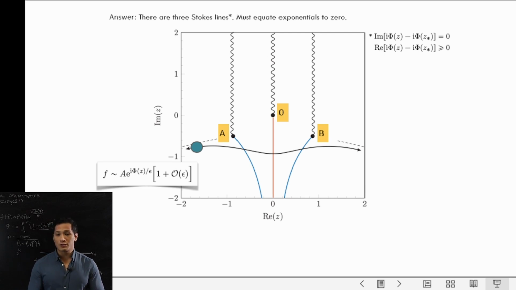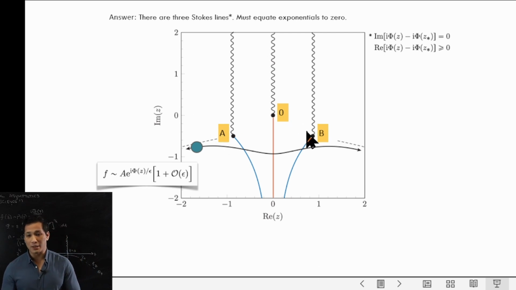But you would go to each of your critical points, A, 0, and B. You would then plot the curve that satisfies this Stokes line condition. And then what you would see is that there is a Stokes line, the blue Stokes line from A that comes down, the blue Stokes line from B that comes down, and in fact a central Stokes line from 0.